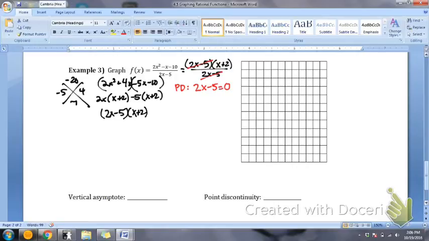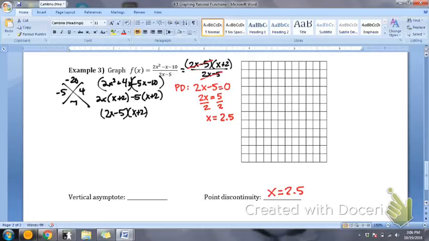If I solve that for x, I get 5 over 2. What is 5 over 2 as a decimal? Because I'm supposed to graph this. 2.5. Anybody agree? So my point of discontinuity is at x equals 2.5.